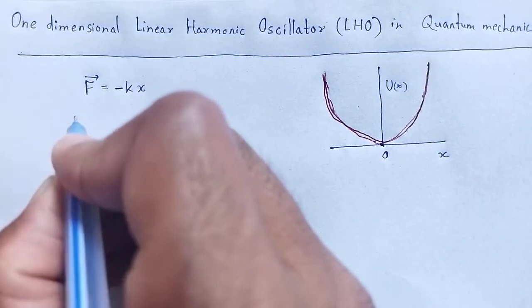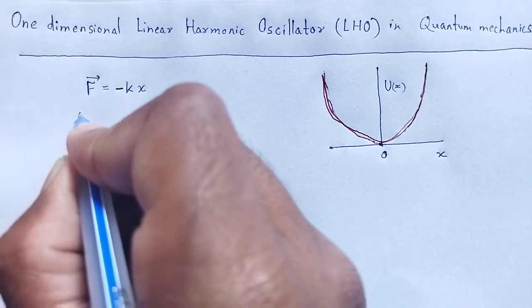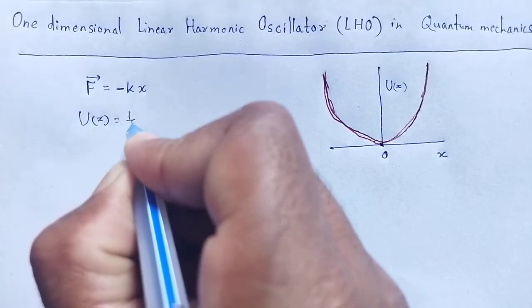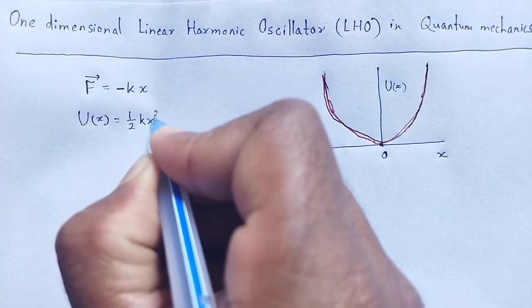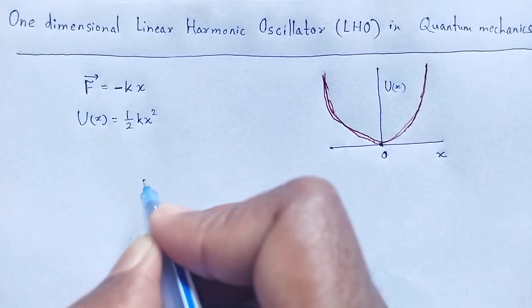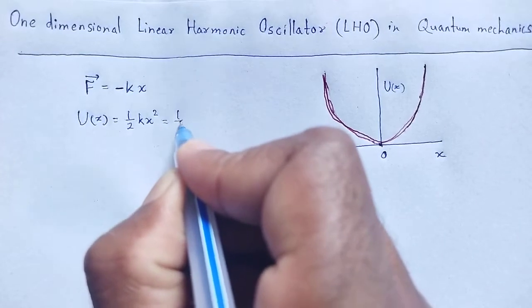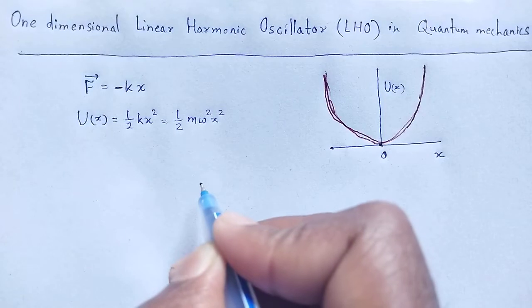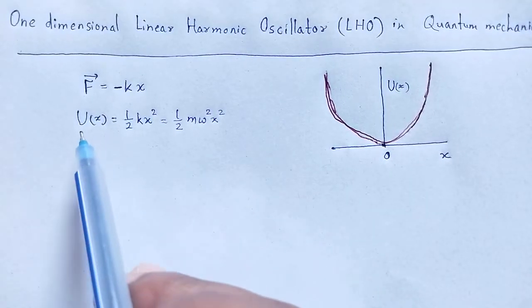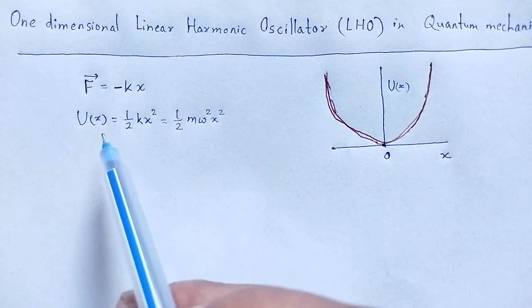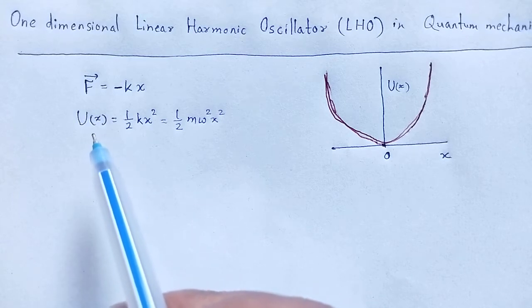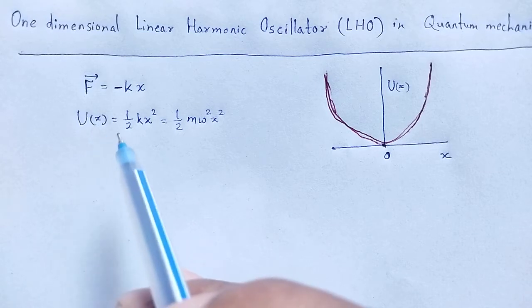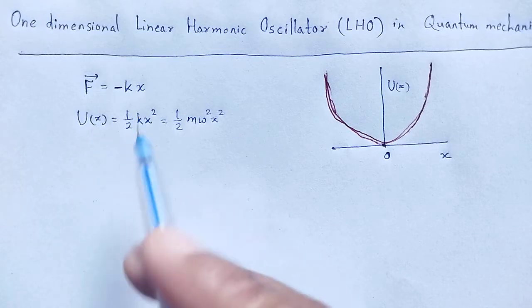And the potential energy function U of x is half k x square, that is half m omega square x square. That potential energy function is symmetric, in the sense U of minus x is equal to U of plus x.